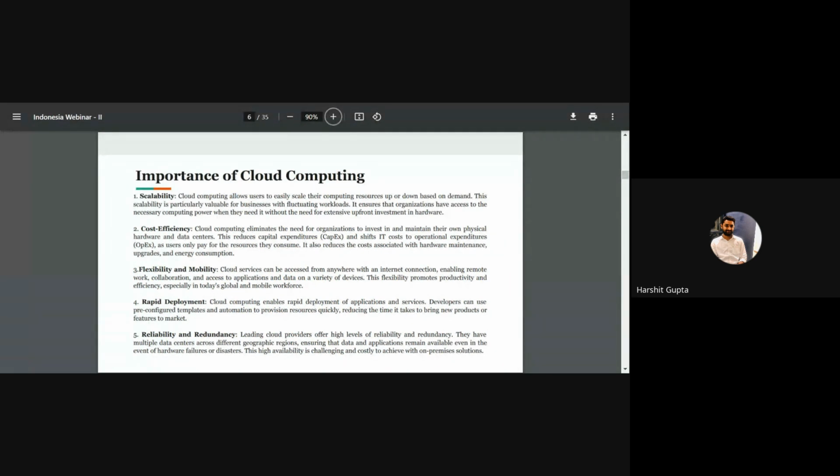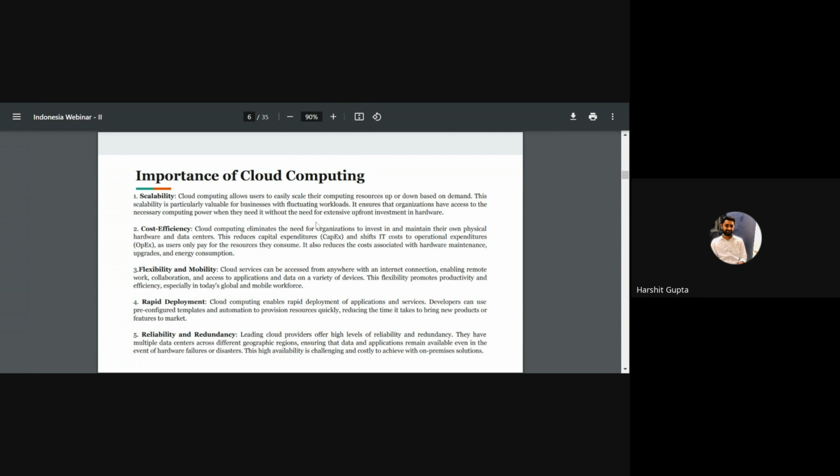We just download and deploy them. Similarly, there are multiple companies which let users create their websites just by going to their site and entering all the details, and the website gets ready within a minute. These kinds of advantages are possible only with cloud computing.